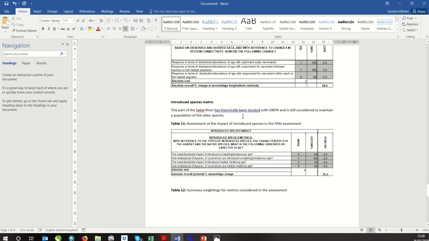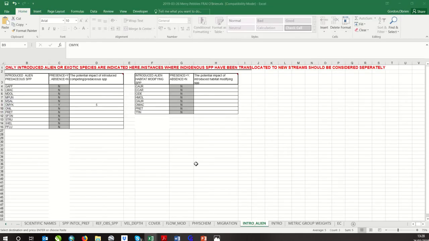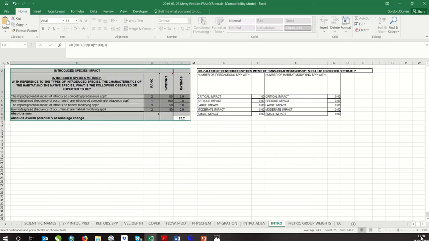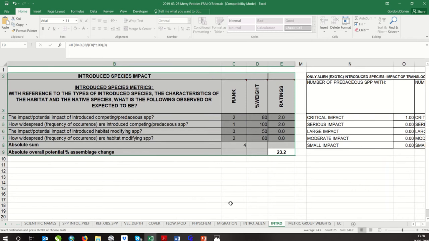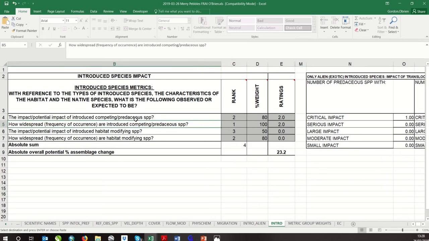Okay, then when you do your assessment, in terms of the potential effect of alien invasive species, you consider not only do they occur there, but what is the abundance. Now, why would you say this? It's because a species like a bass or a trout that predates on other fishes, the fact that it occurs there and there's only one of them is never as serious as the fact that there are thousands and thousands of them.